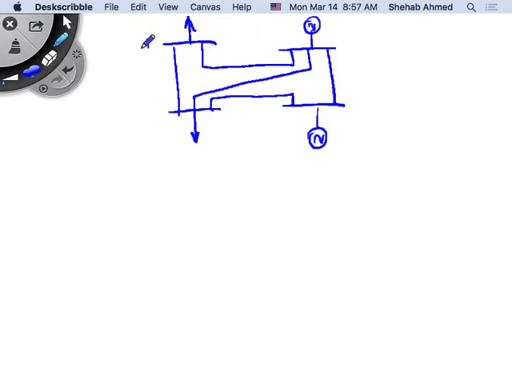Okay. 1, 2, 3, 4. Okay. So let's do the Y bus.